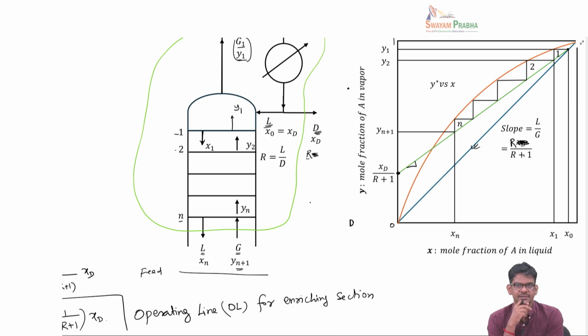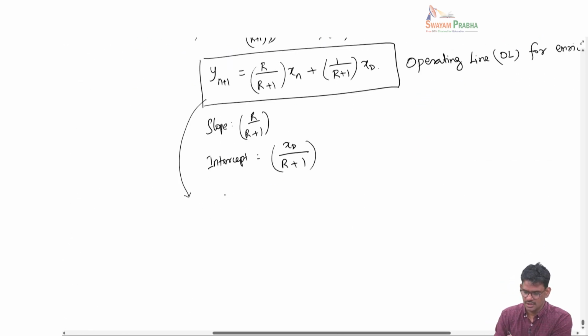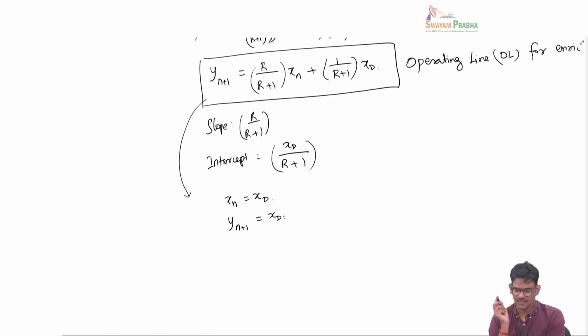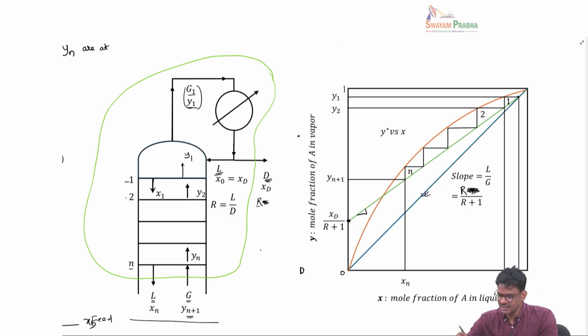is the operating line. And then you will see also that if I go back here, if I substitute xn equal to xD, you will see that yn plus 1 becomes equal to xD, meaning that this operating line will touch the 45-degree line at xD, and that is what happens here. The green line touches the 45-degree line at xD.